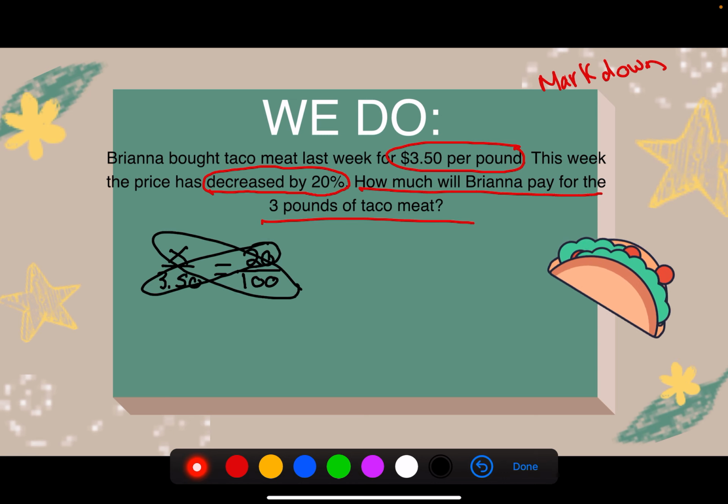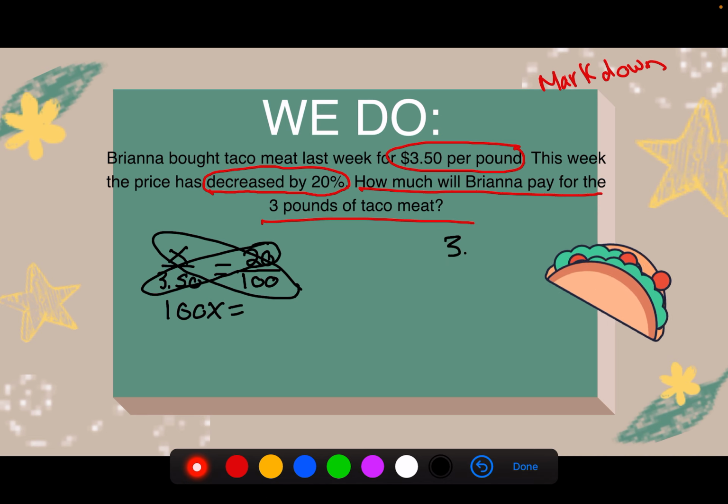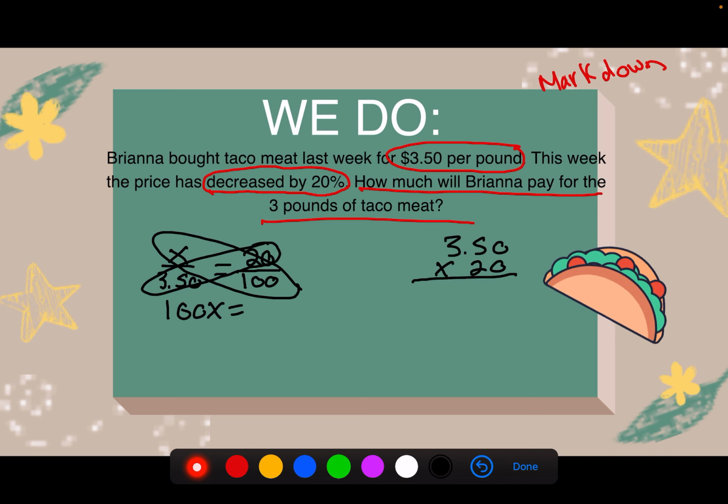So x times 100 is 100x. And then 3.50 times 20. Go ahead and multiply that on your paper. I'm going to make it easy for you. There you have a 0 here, so just put a placeholder. And now you're going to do 2 times 0 is 0. 2 times 5, what do you get there? So 2 times 5 is 10.